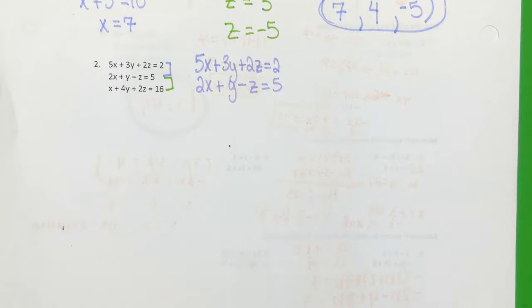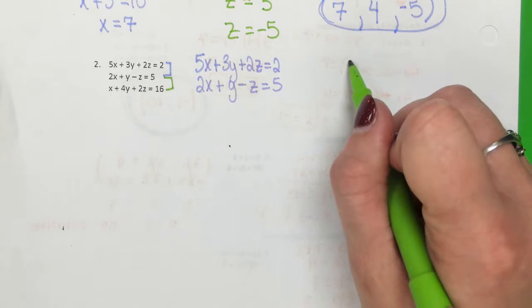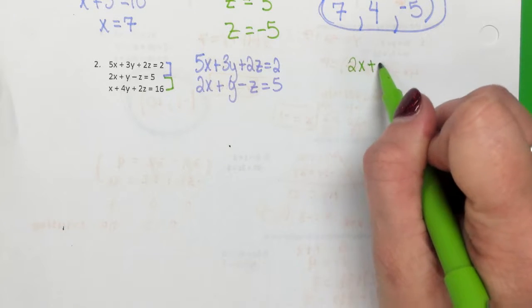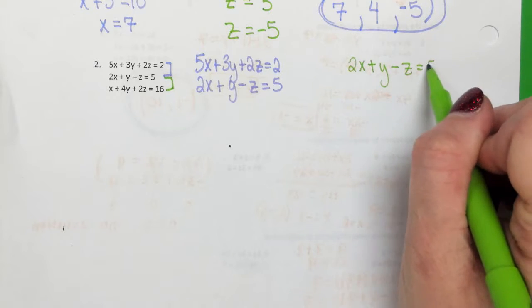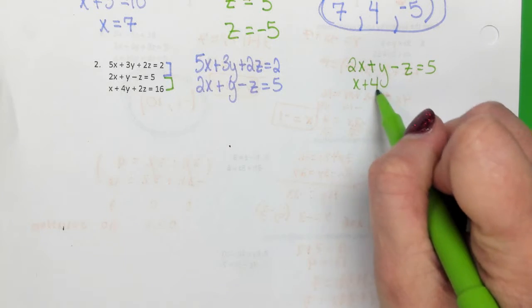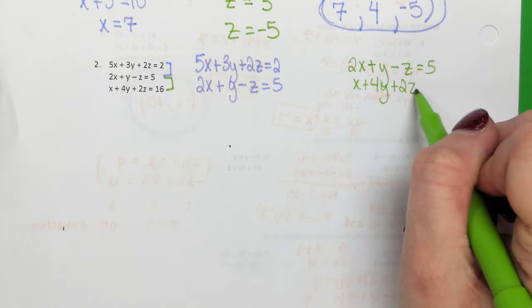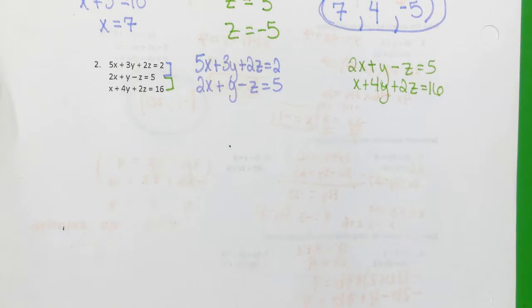We're not going to do anything with it yet, though. We're just going to write it down. And then we're going to compare the second two by writing them down. Y'all okay so far? Okay. Alright, here we go.